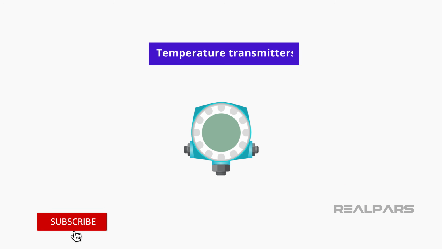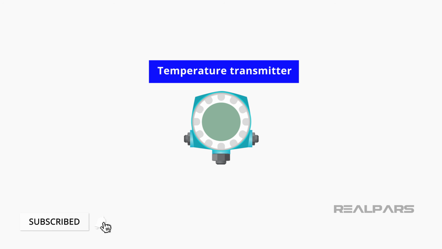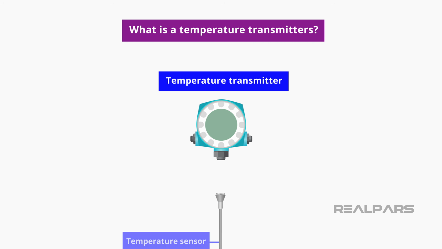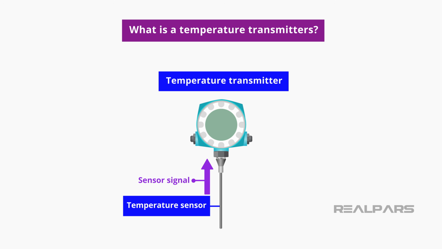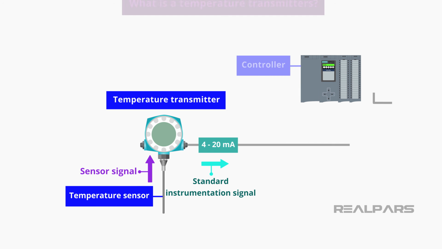Before we look at a temperature transmitter in detail, let's look at where it fits in a typical process control system. A temperature transmitter is a device that converts the signal produced by a temperature sensor into a standard instrumentation signal representing a process variable temperature being measured and controlled. The most common transmitter instrumentation output signal is 4 to 20 milliamps.